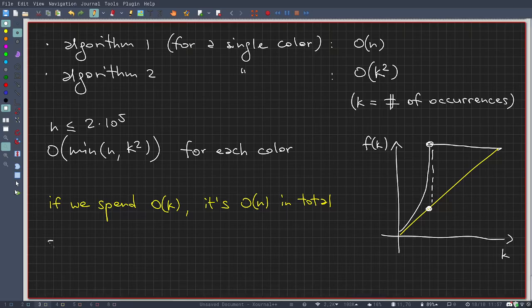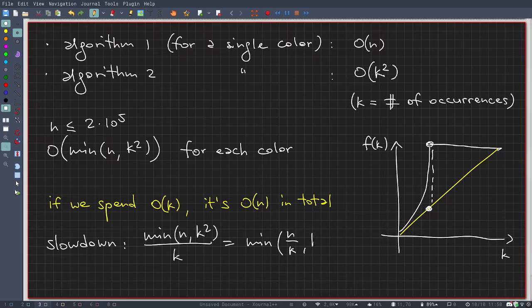Actually, we have a slowdown of minimum between n and k squared over k, which is minimum between n over k and k.